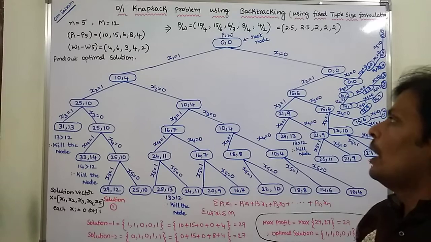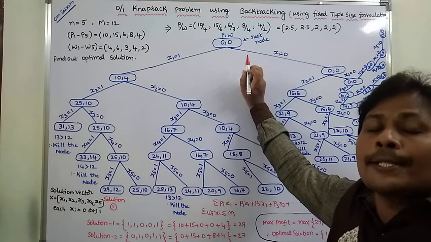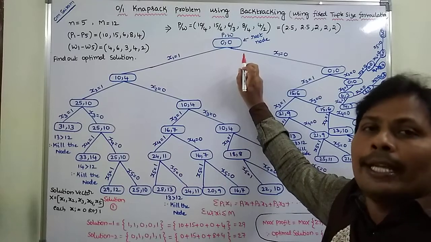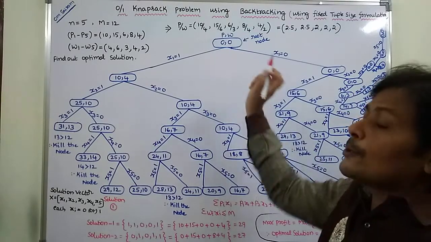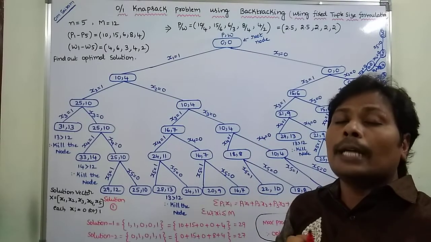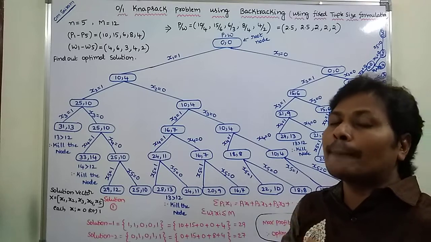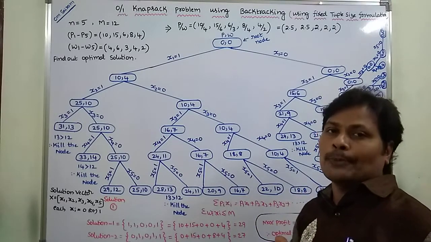Okay, now we go for this problem. Here the problem starts with a state space tree. The state space tree is nothing but the solutions available for the given problem, and those solutions can be represented in a single tree called the state space tree.